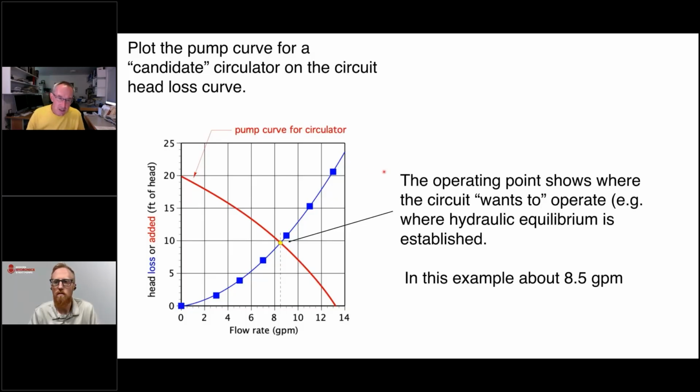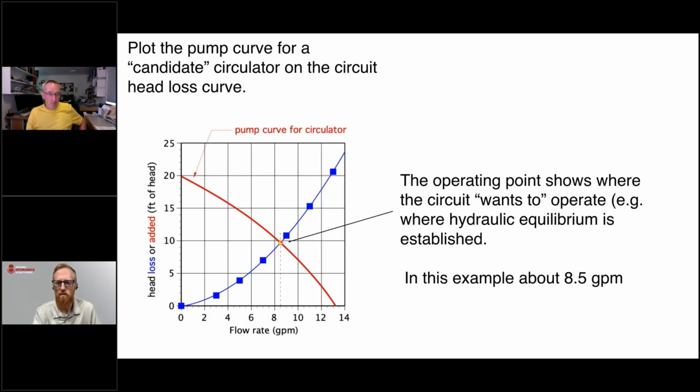And you can see the trending even before you draw the blue line. If you just connect the dots, you'll get enough accuracy to make this intersection with the pump curve, and you can estimate the flow rate to probably the nearest tenth of a GPM.